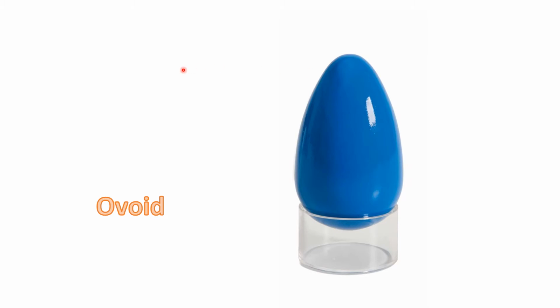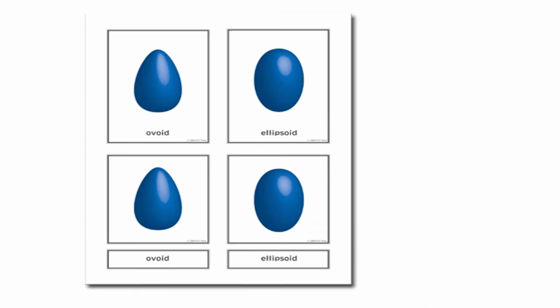Good. Now let us compare these two solids. You realize this is the solid we were talking about. The top is narrow and then the bottom is wide, and we call it ovoid. Now there's another solid here.